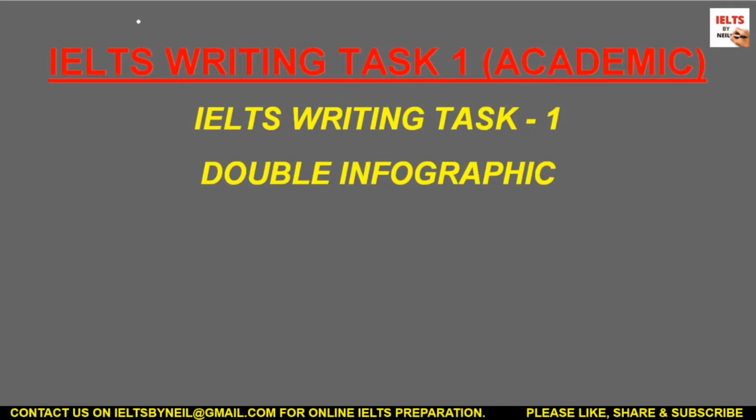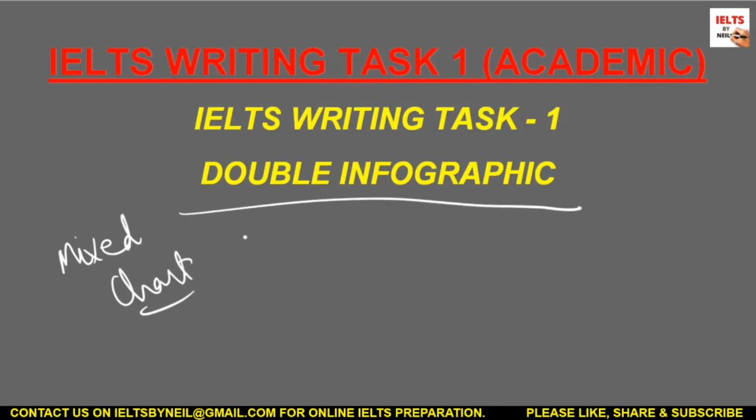Today we are going to discuss one of the very important topics for IELTS Writing Task 1 Academic, which is mixed chart. Okay, we also call it double infographic. So you must have done the pie charts or the bar graphs.